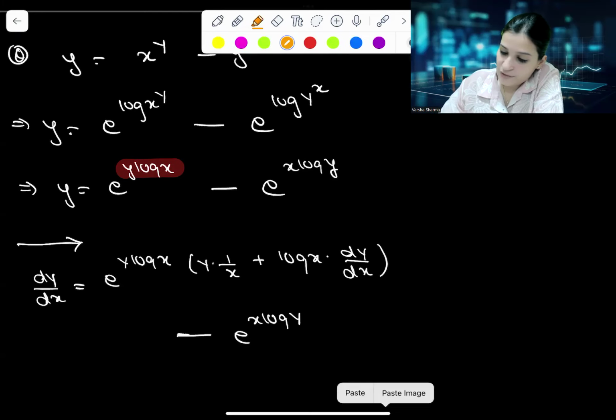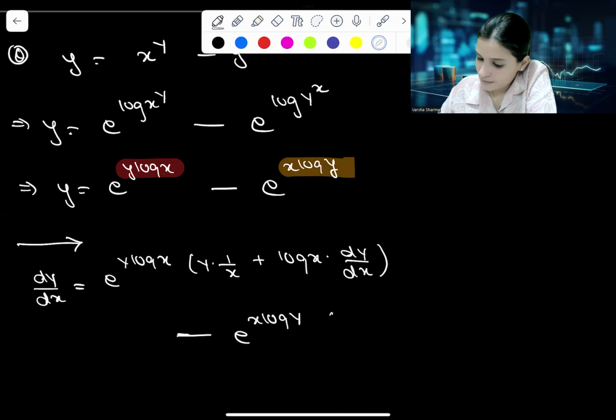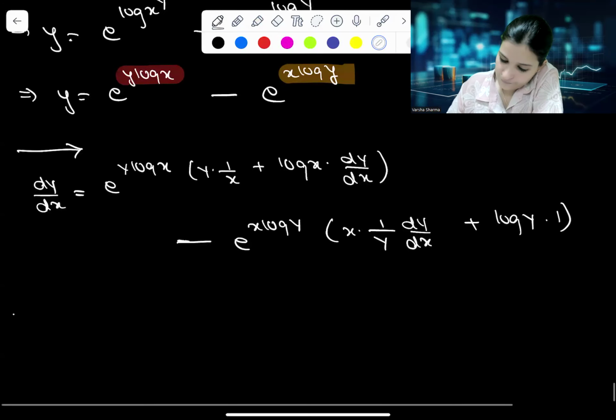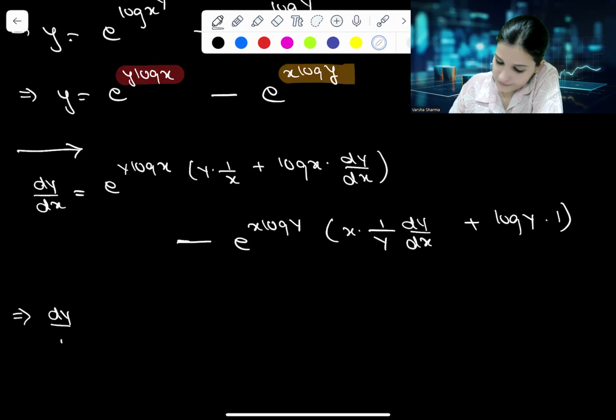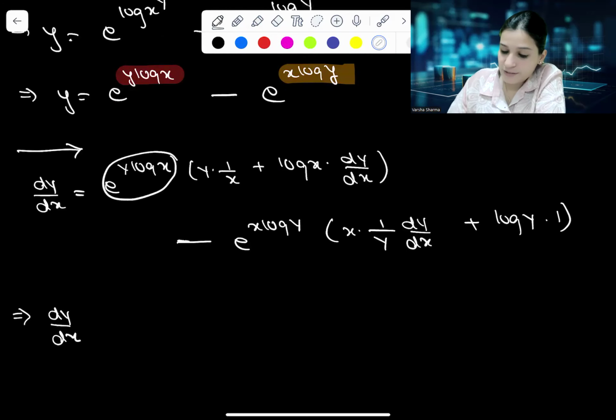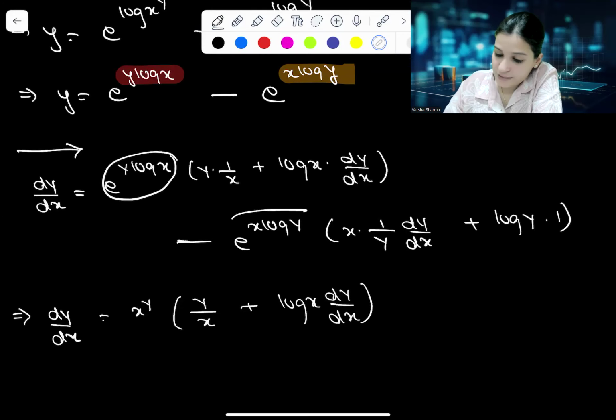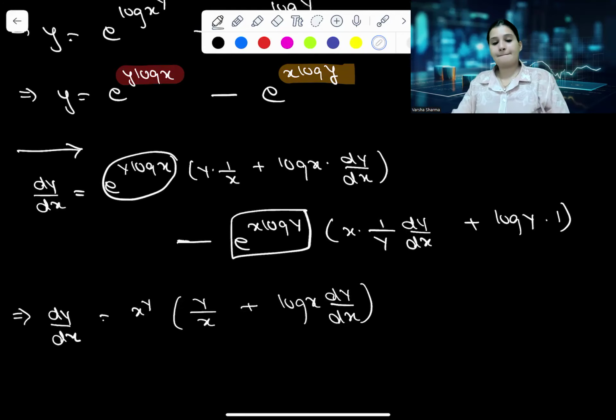Let's apply product rule here: x log y is x into 1 by y dy by dx plus log y into 1. This term can again be written as x power y, and this term can again be written as y power x.